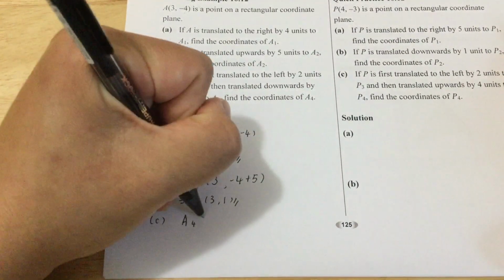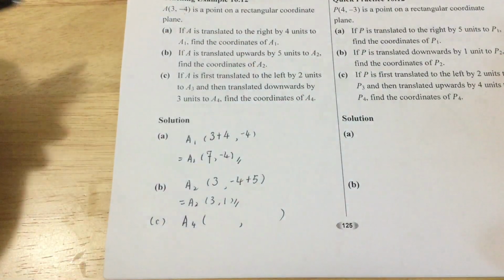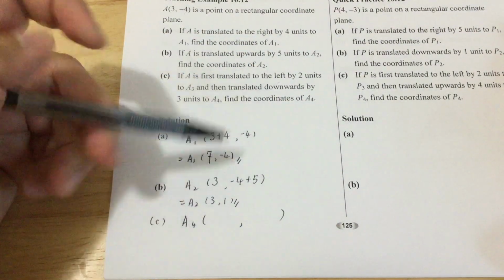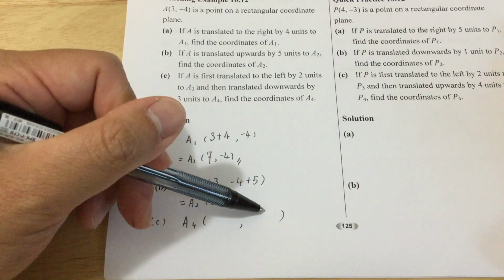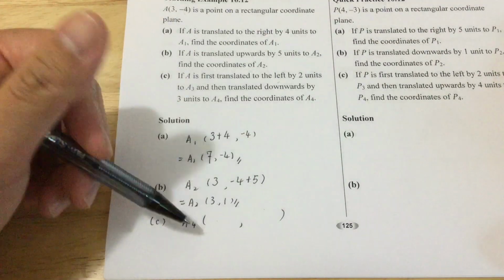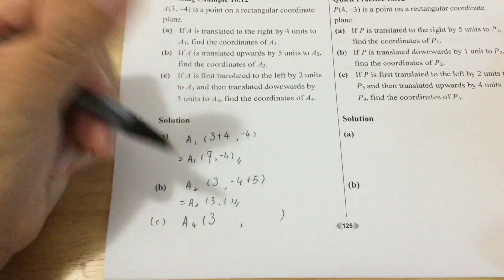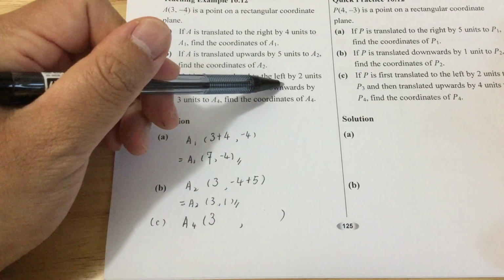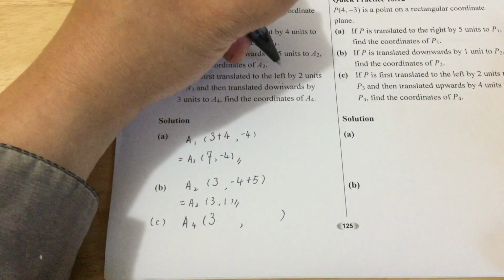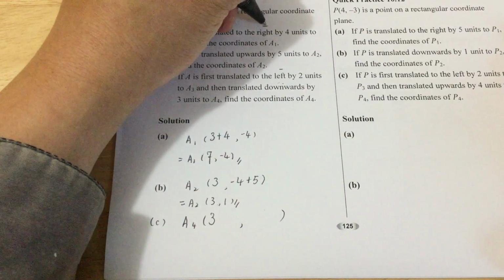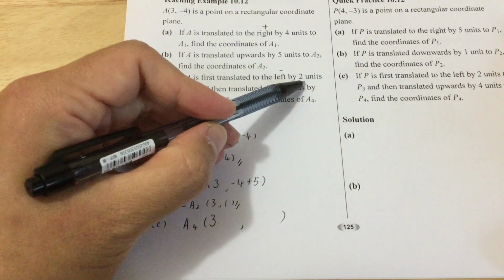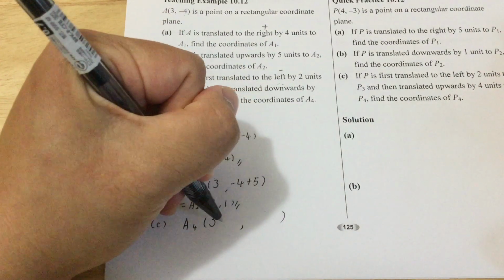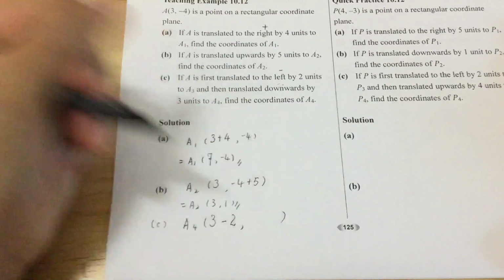Okay, let's have a look. Because this time we will go left and also go downward, that means 2 numbers will change at the same time. So first of all, for 3, because it goes to the left, that means this is negative. For right, this is positive. So for left is 2 units, so you do 3 minus 2 immediately.